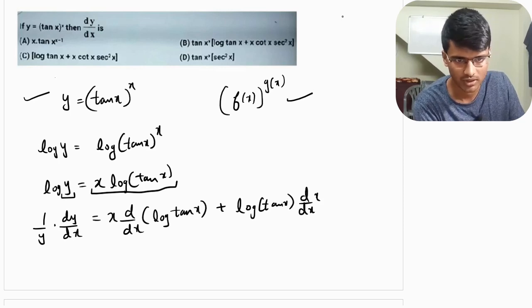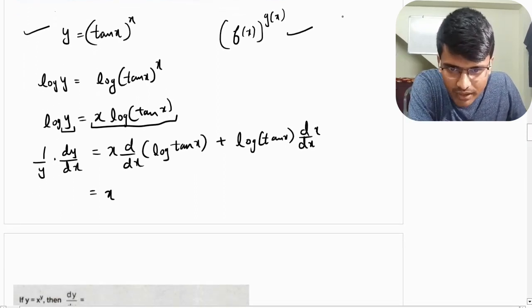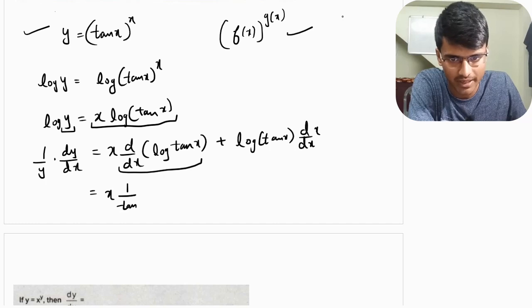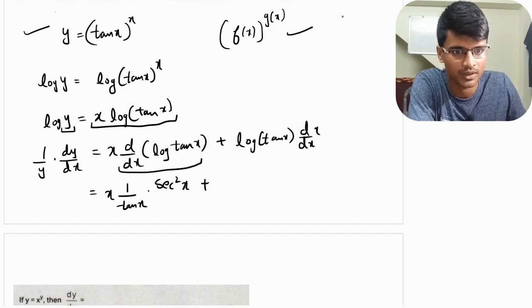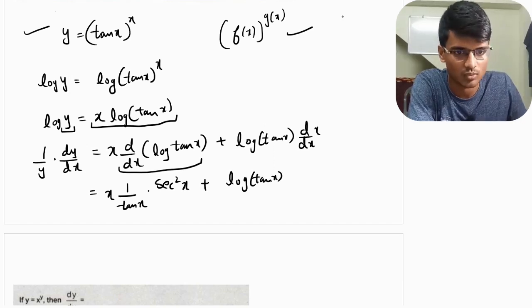Coming to our second step, here I'll apply the chain rule. Differentiation of log tan x: differentiation of log x is 1 by x, that is 1 by tan x, and differentiation of tan x is sec square x. What I have done is I have applied the chain rule. Similarly, for log tan x, differentiation of x by dx is 1.